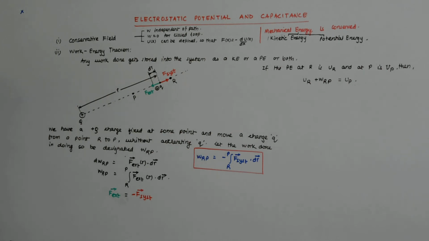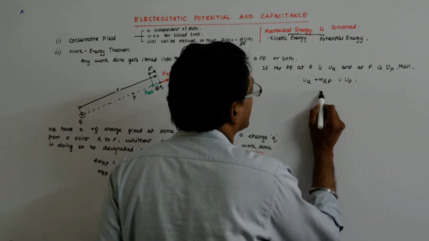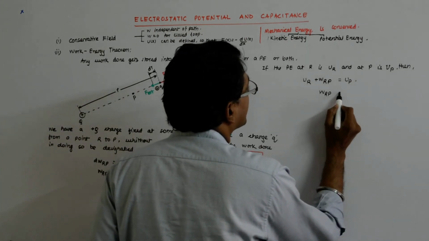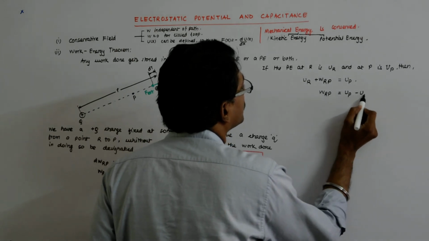Do we get that? So WRP is nothing but UP minus UR.